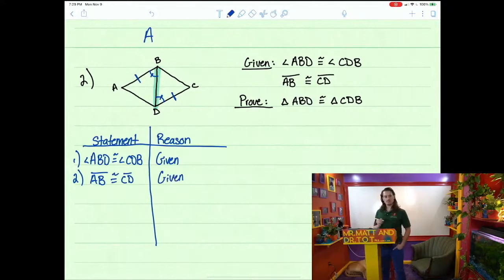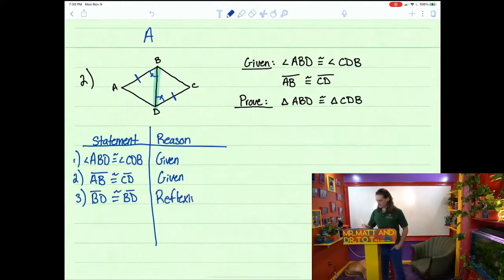That was also given information. And we can say that side length BD is congruent to side length BD because they both share that side length. And that's due to the reflexive property of congruence.